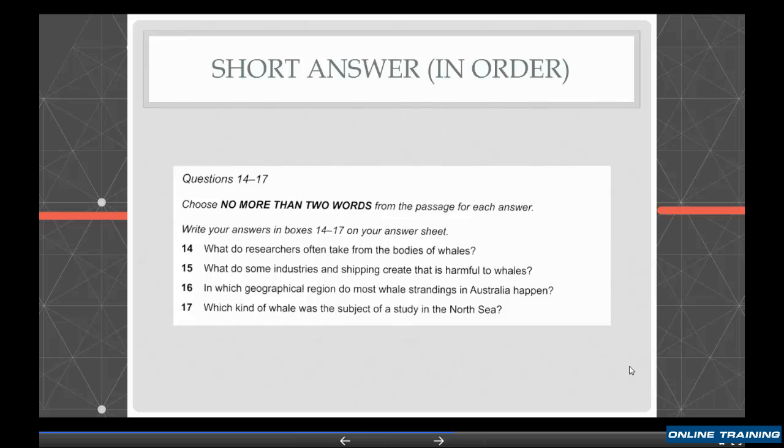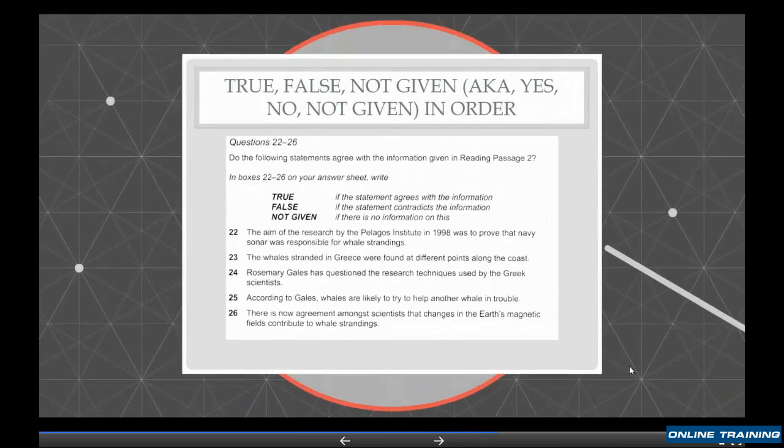You have to then go and scan and locate that sentence that has that specific information, and then read that sentence, and you'll have your answer that you have to write down. Really important that you look at the directions, no more than 2 words, okay? But the short answer question goes in order, which means after number 14, you'll find number 15. Or if you know where 14 is or you know where 16 is, then you know 15 is in between. So that's important to know.